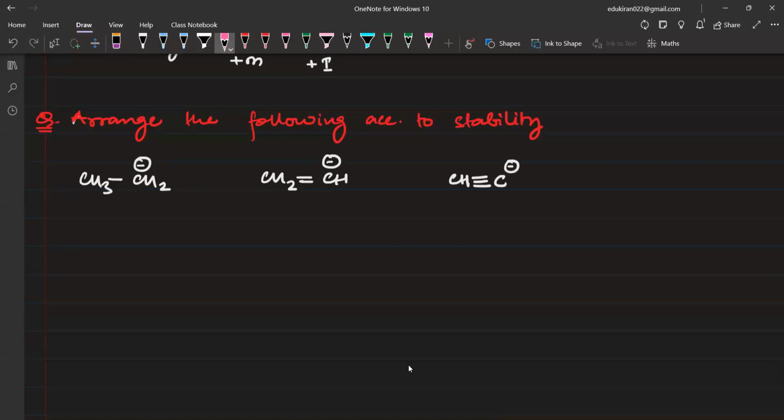Now, you can see that all these three species are carbanions with a negative charge. The only difference is that they are bonded by a single bond, double bond, and triple bond, respectively. But the difference here is not the carbon atom, rather the hybridization of carbon. This is sp3 hybridized carbon. This is sp2, and this is sp.